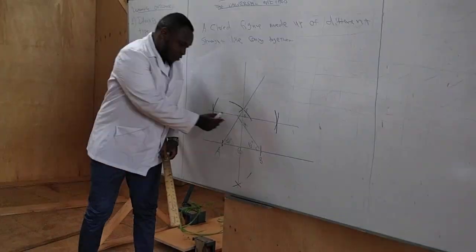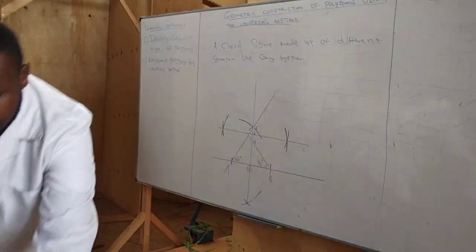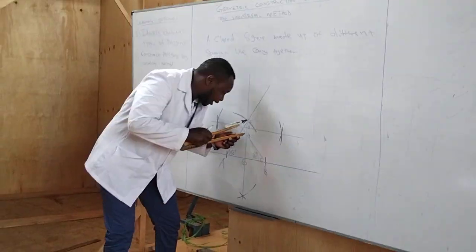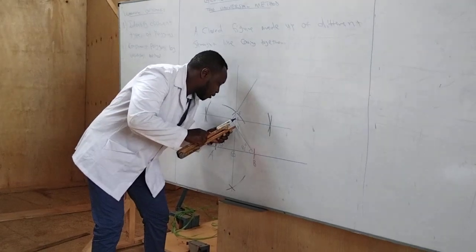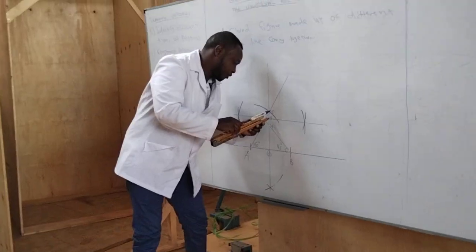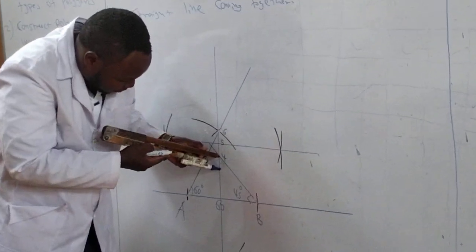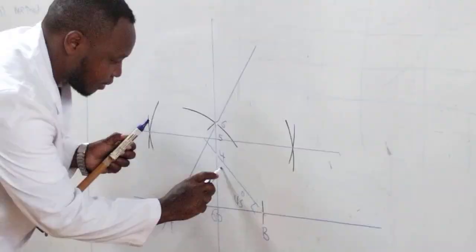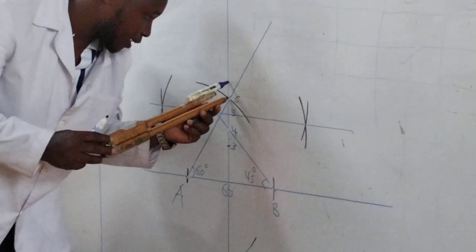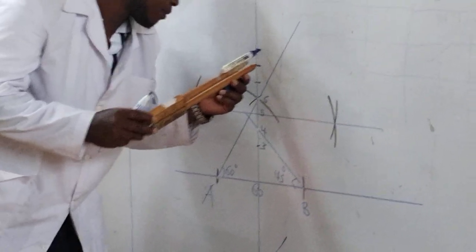Now, from point 4 to point 5, we make several arcs. We start at 4 and bring it to 5, of which it will be equidistant from 5 to 6. So we start at 4, we mark downwards, we call it 3, isn't it? We come at 6 again, we mark upwards, to infinity.